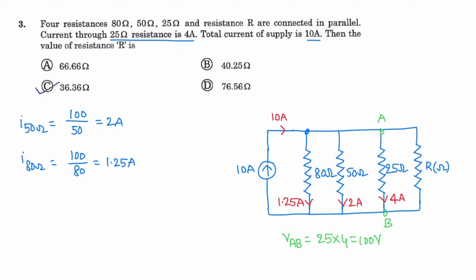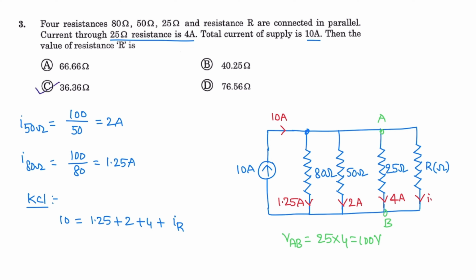The incoming current is 10 amperes, equal to 1.25 ampere plus 2 ampere plus 4 amperes plus the current through the R ohm resistor, let it be IR.